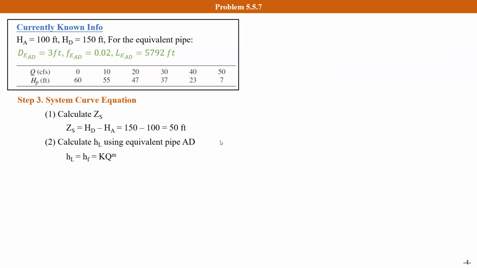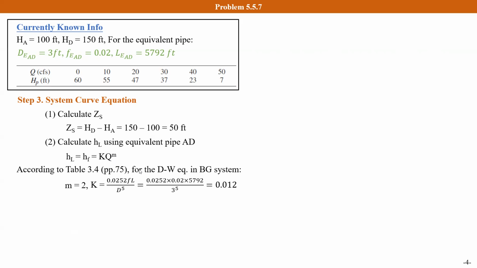The next step is to calculate the head loss between these two reservoirs. The friction loss equals K times Q to the power of M. According to table 3.4 for the Darcy-Weisbach equation in the British system, we should pay attention to this part because in this problem, it is the British system.